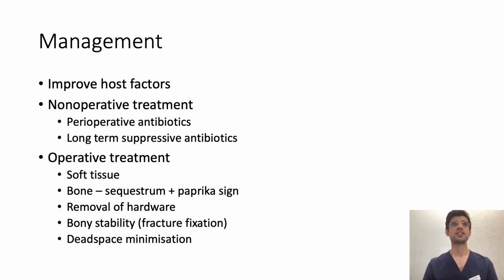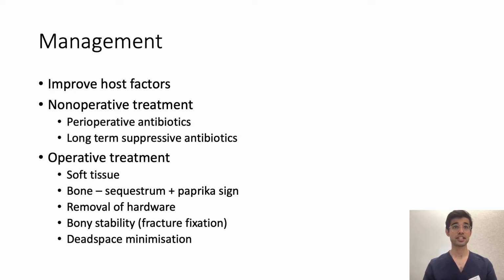In terms of managing osteomyelitis, the first thing we can do is try and improve host factors to ensure that adequate healing can occur. The treatment is usually a combination of antibiotics and debridement. In terms of antibiotics, generally speaking, you need 4 to 6 weeks of antibiotics post debridement of necrotic tissue.